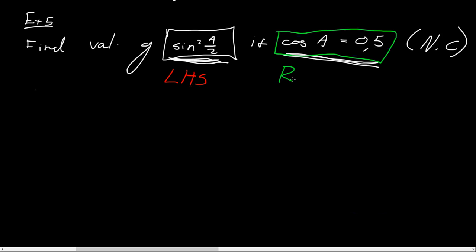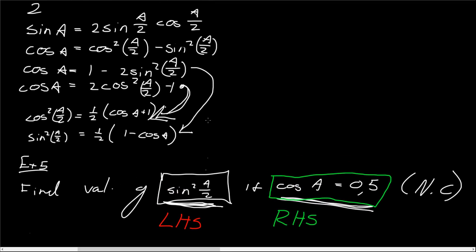Sine squared A over 2 must be on the left, and cos A equals 0.5, so cos A must be on the right, and we've got cos A there.